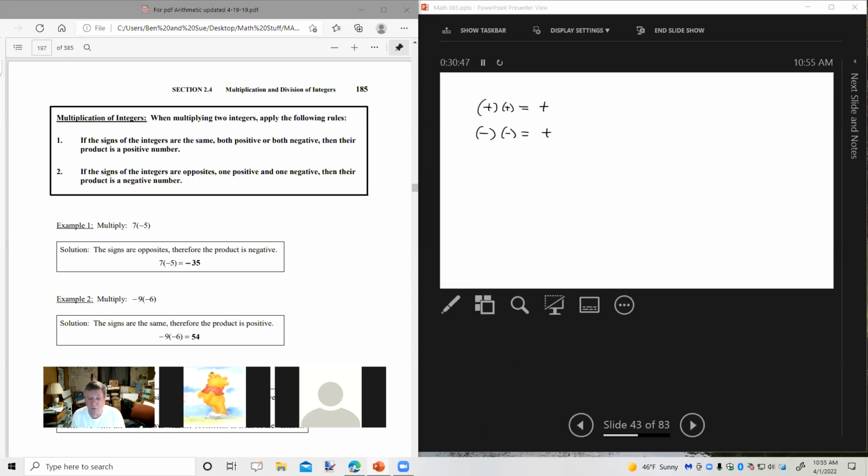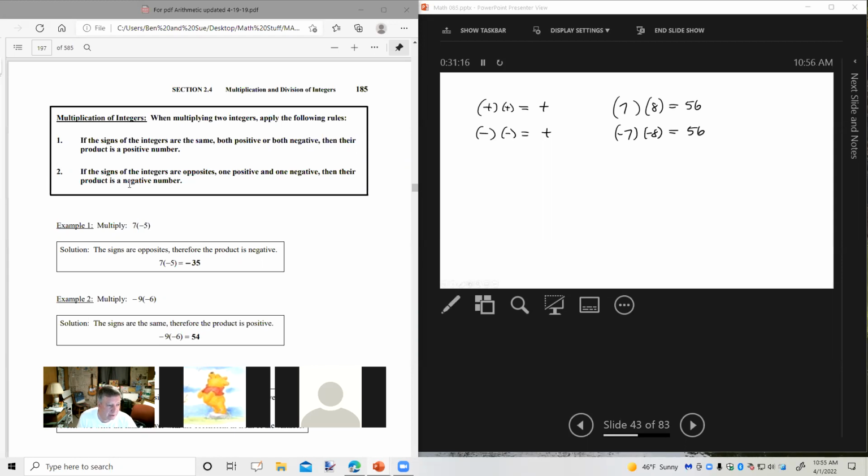If you're multiplying two numbers with the same sign, the result is positive. For instance, positive 7 times positive 8 is positive 56. Negative 7 times negative 8 is also positive 56.